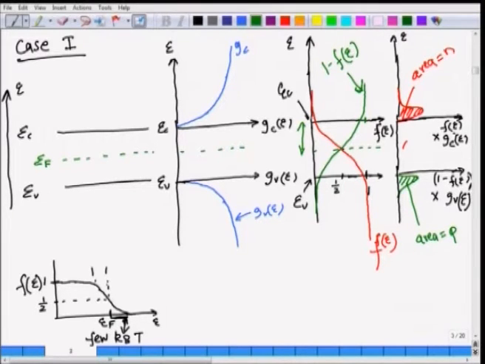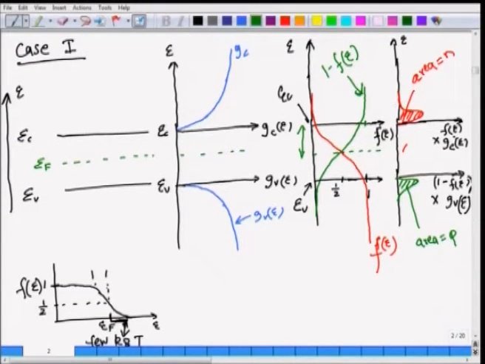So, you can clearly see that above EC, this product cannot have some finite value for anything more than a few kBT. And since this conduction band is also of several electron volts, I am very justified in using this value of GC, because all that matters is integration from EC to only a few kBT, where this product lies, after that it is 0. Hence, whether I integrate it all the way to infinity or to the conduction band top, it matters none. That is the first point I want to make.